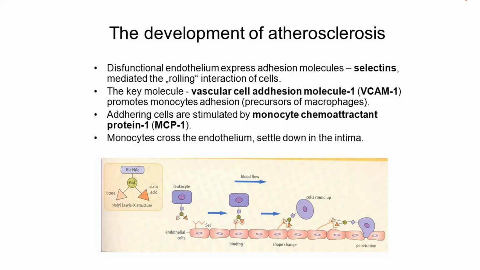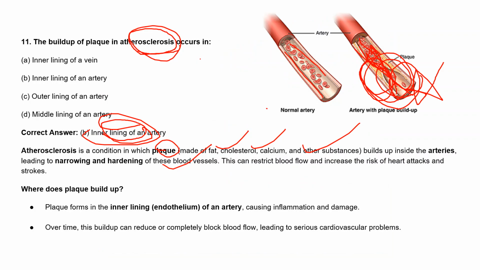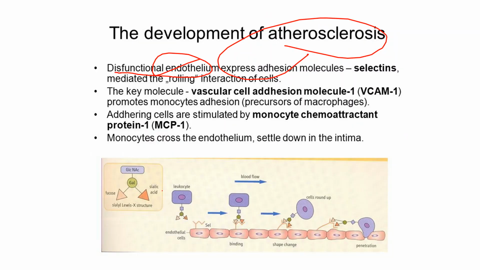How does the development of atherosclerosis happen? We know that the endothelium is the inner lining of an artery, and it starts dysfunctioning. Dysfunctional endothelium expresses some adhesion molecules, that is selectins, which mediate the rolling interactions of cells. This is the endothelial cells, and here we can see the selectin molecules.